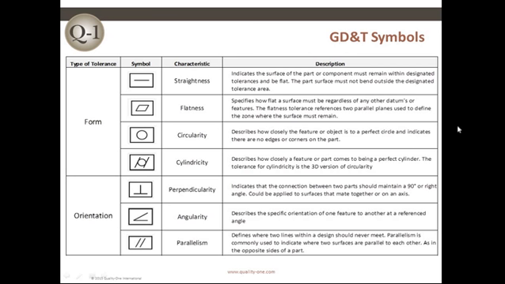GD&T stands for geometric dimensioning and tolerancing symbols. These are the symbols shown here, and one by one we are going to see the importance of these symbols. There are two categories, one is the form category and one is the orientation category, and we will see when to use which kind of symbol.